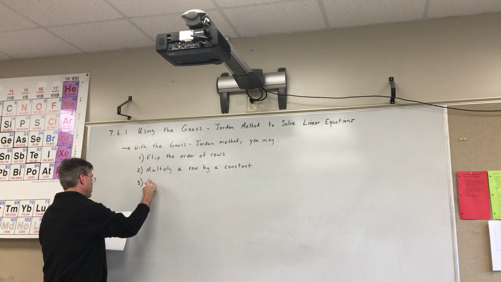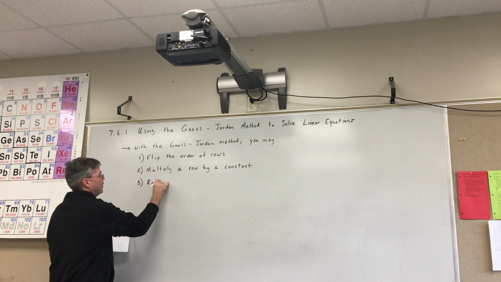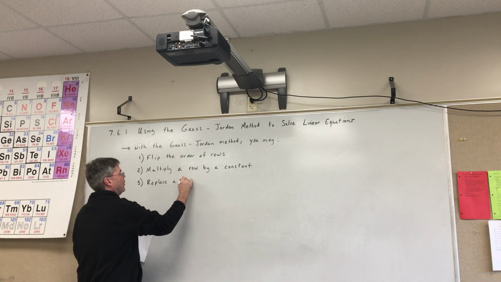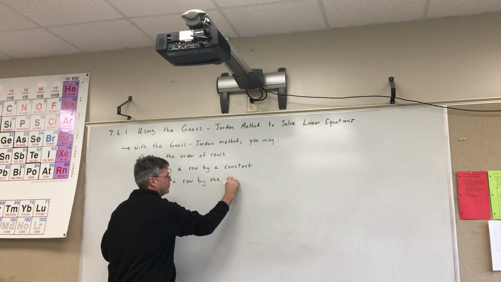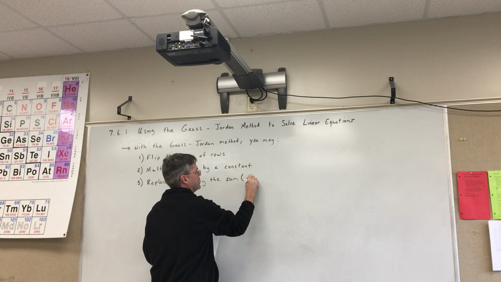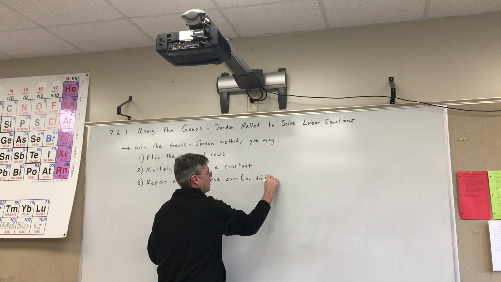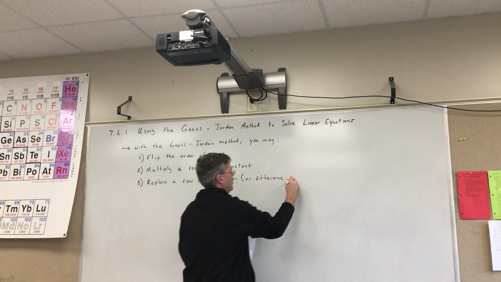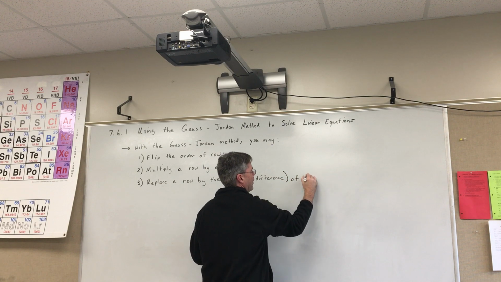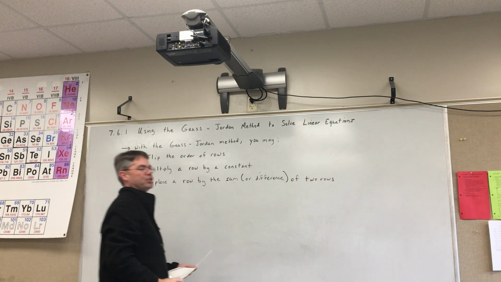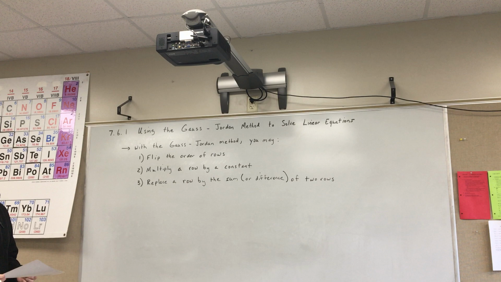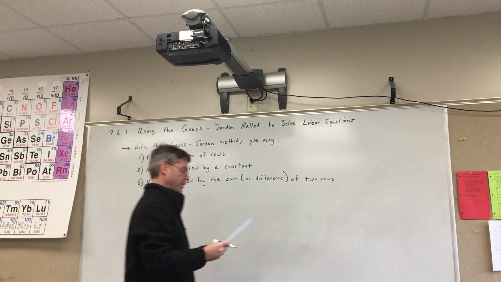And you can replace a row by the sum or difference of two rows. So just like with elimination equations, you're going to add, you're going to subtract rows to try to eliminate a variable. All right, it's just a shortcut method.